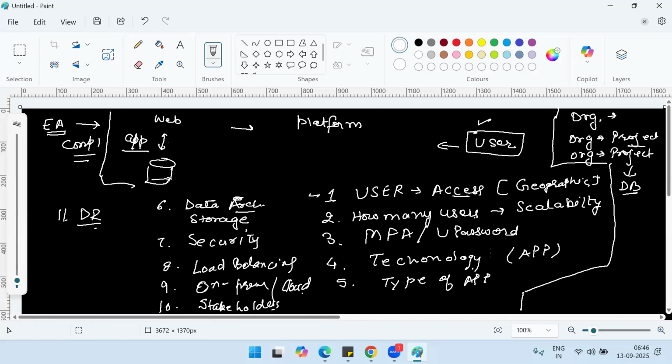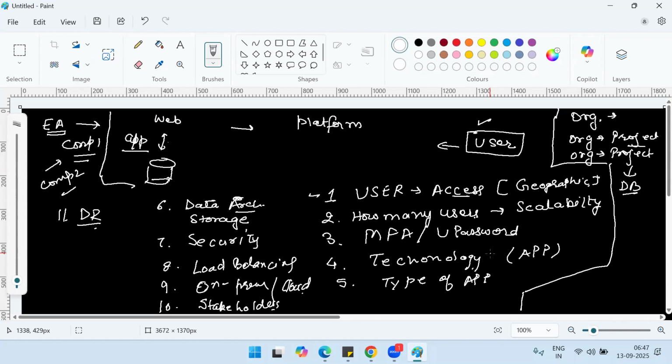It may include multiple enterprises also. For example, you are working for company one, and company one is acquiring company two. So company one is one organization or one enterprise, and company two is the second enterprise.